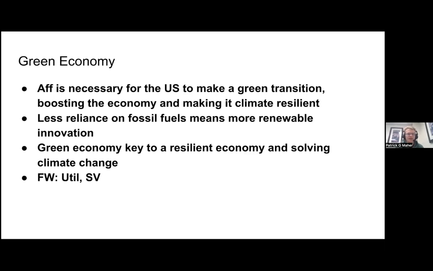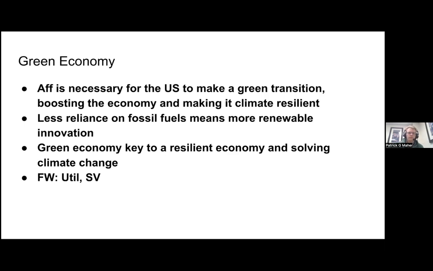But because this is reading economic resilience as a function of improving the environment, a lot of these canned development impact turns aren't going to work very well against something like this.